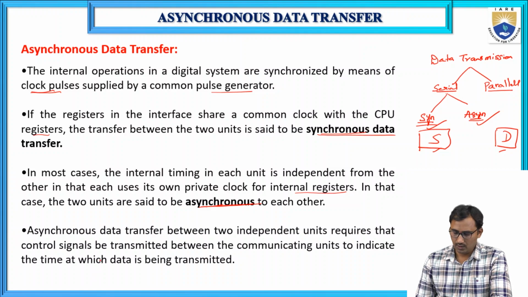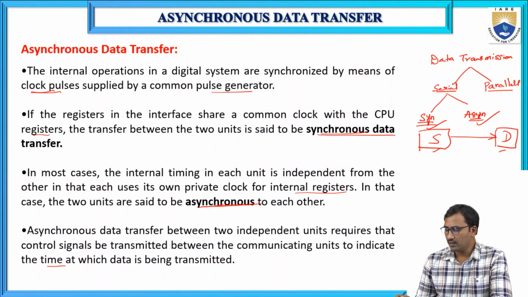Asynchronous data transfer between two independent units requires that control signals be transmitted between communicating units to indicate the time at which the data is being transmitted. Suppose the source transmits the data to the destination unit.